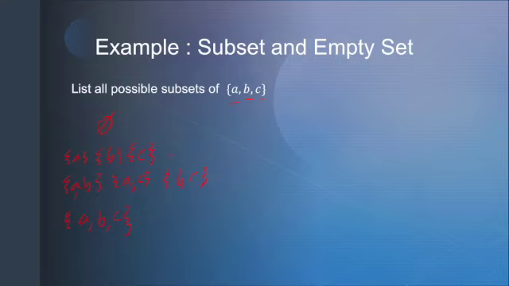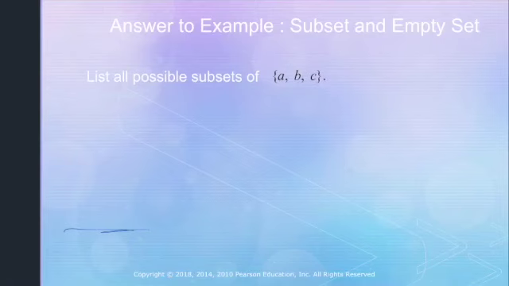So here we have all the subsets of A, B, C. It's important to note that the set BC is the same as the set CB. It contains the exact same elements, which is why we don't need to write it twice. So we have all the subsets, like I said.